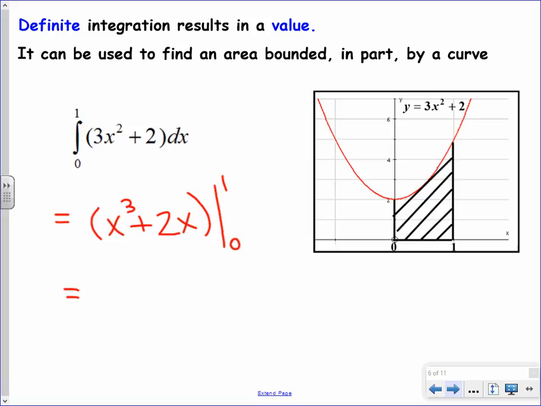Being careful of your order of operations, I would suggest when you plug in B, put it in parentheses, minus when you plug in A, put that in parentheses. So, first of all, we're going to plug in B, so your very top limit of integration. 1 cubed plus 2 times 1, minus when you plug in A, so the lower limit of integration.